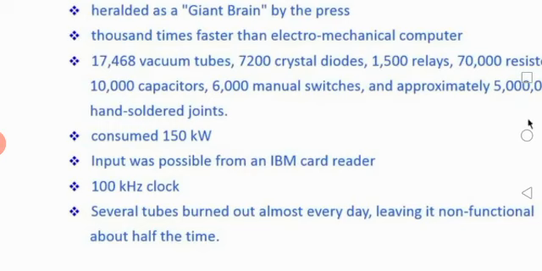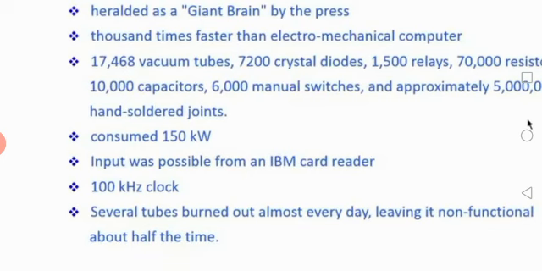Okay, several tubes burned out almost every day, leaving it non-functional about half the time. Actually, this was one of the biggest challenges at that time. Because you can see here hand solder joints were there, so there was a problem of reliability. You can understand one thing very clearly: whenever there are more connections in any circuit, the circuit becomes less reliable.